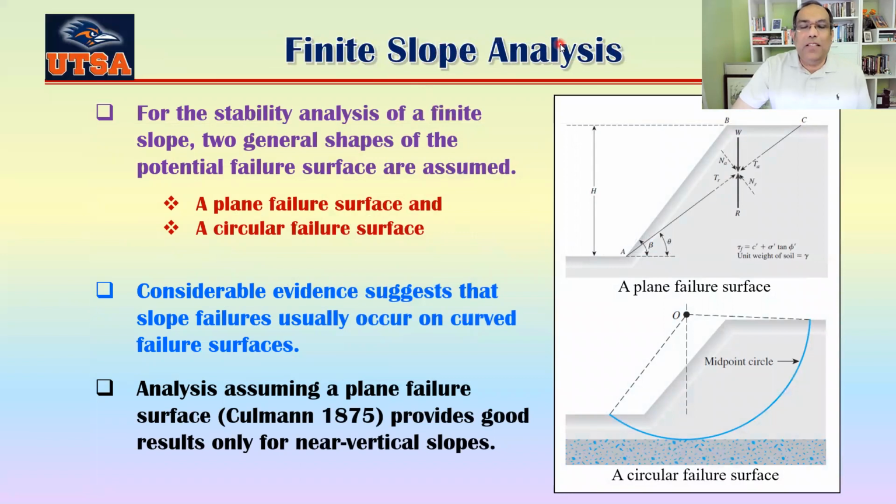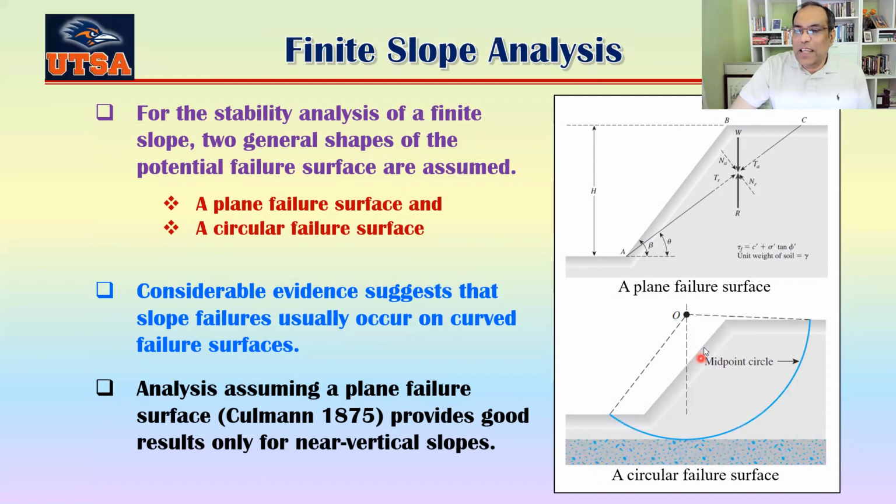Finite slope analysis. So finite slope means when this one is going to fail here, we are saying that the failure surface compared to how long this one is, if this is greater than 10%, then basically we call that finite slope analysis.